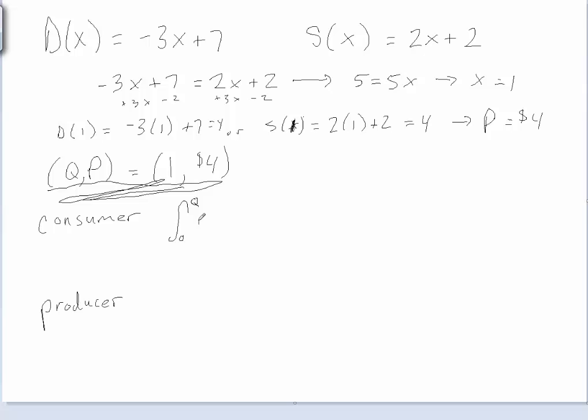I'm going to take the integral of the demand function minus QP. In this case, integral from 0 to 1 of negative 3x plus 7 minus Q times P.